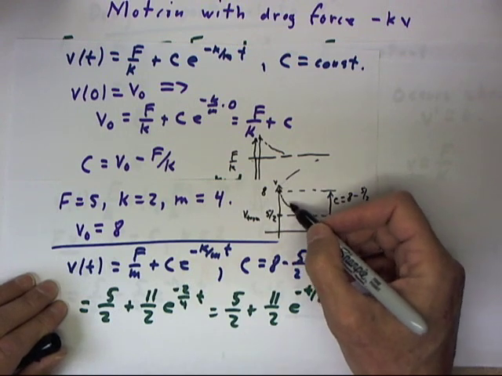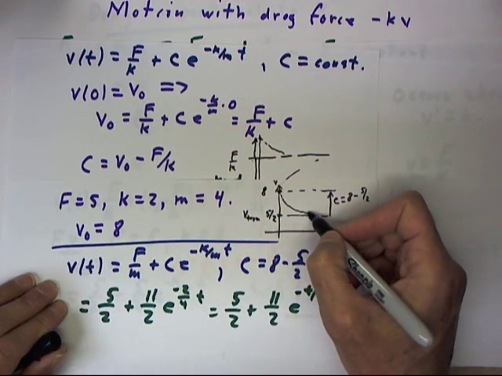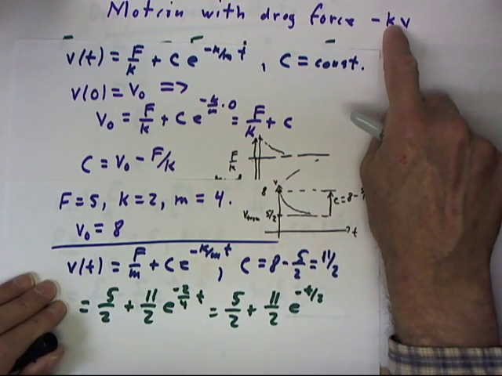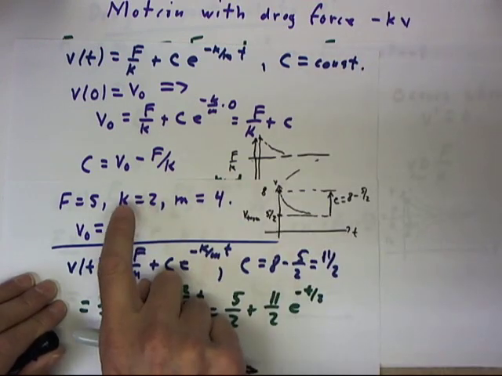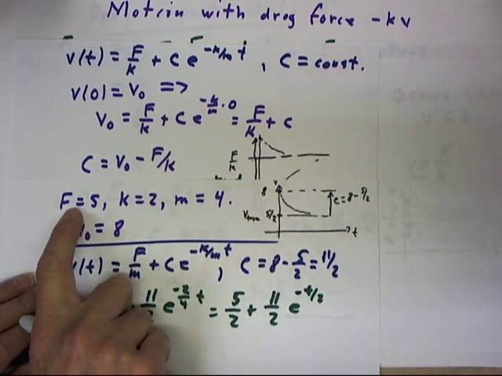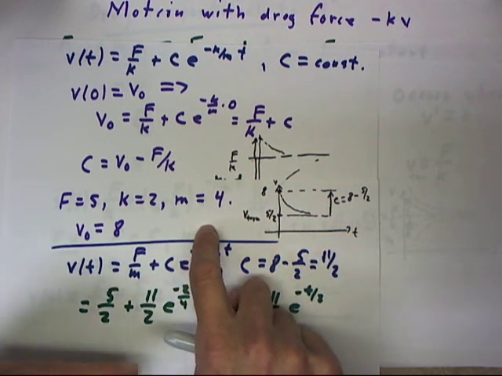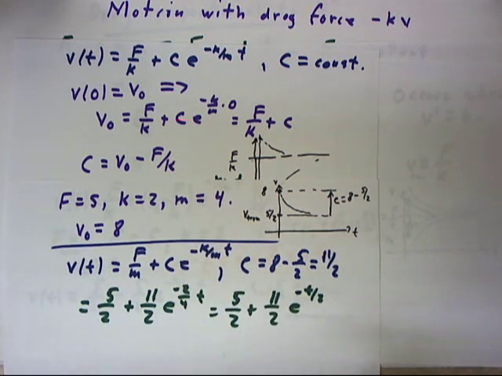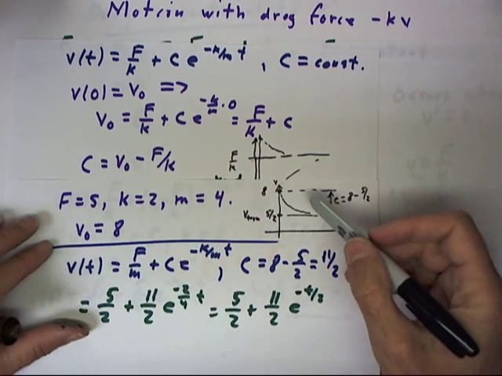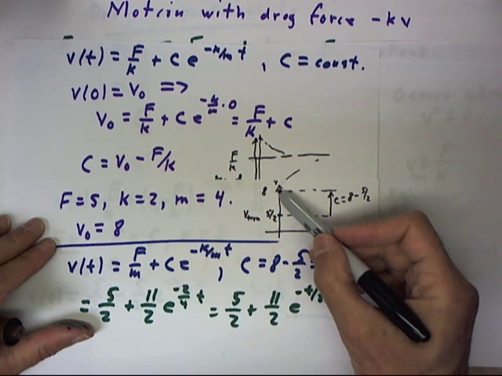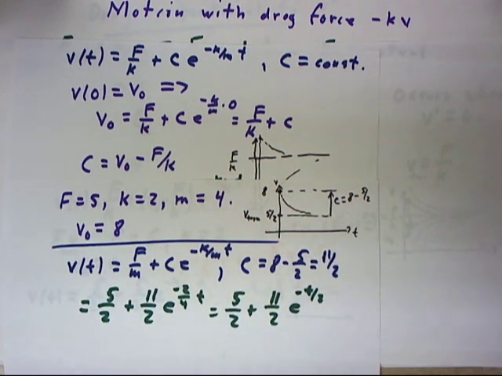And of course the reason physically that the velocity decreases is that this drag force minus kV is bigger than the force F that's pushing the object forward, so that the object is going to be pushed in the backward direction, meaning that it will slow. So we expect a solution of this nature.